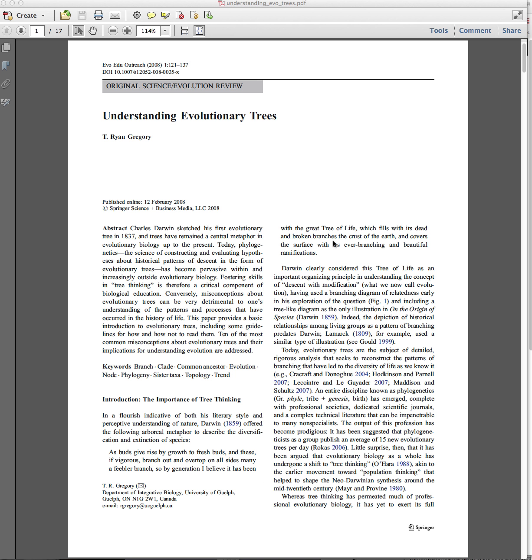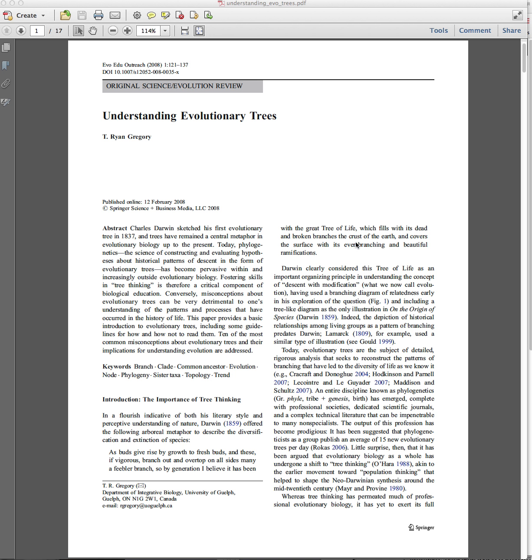I particularly like this because although it gives you an introduction to tree thinking, it then goes through and talks about each of the common misconceptions that people have that trip them up when they try to understand trees. So the idea is that you learn from the mistakes that people make right off the bat. So this is supposed to be a great way of learning, so I'm hoping this is going to work really well for you guys too.